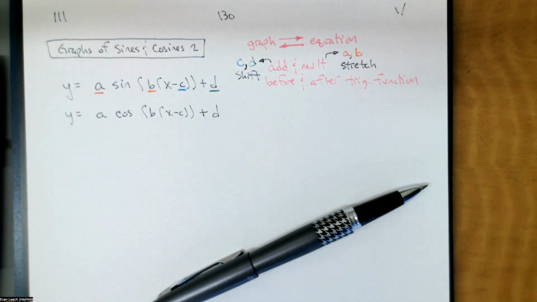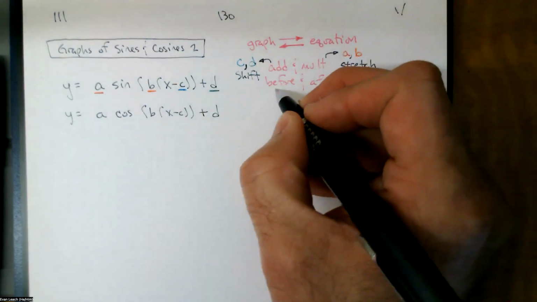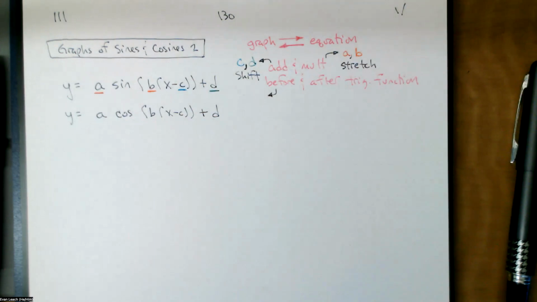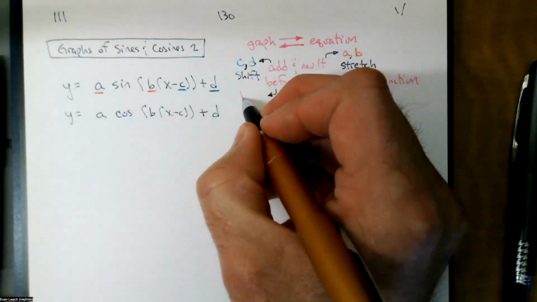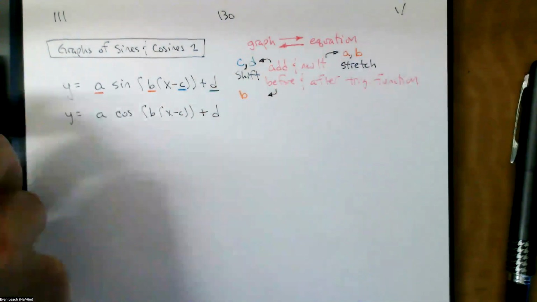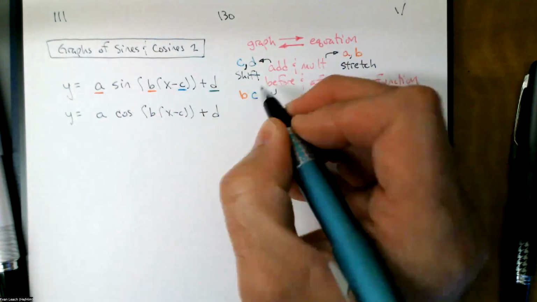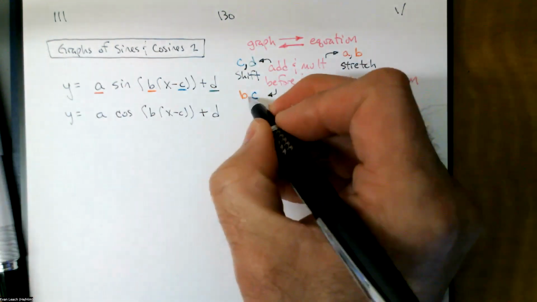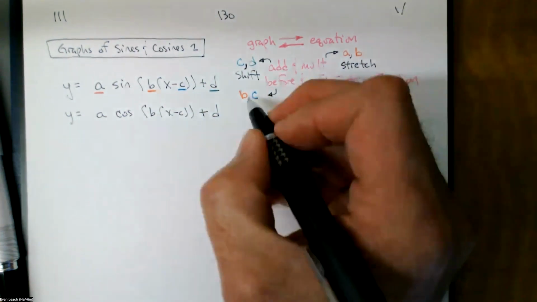The before and after part tells us whether something is going to be horizontal or vertical. So the two that go before the trig function are B and C. Operations that go before the trig function are going to be changes that are horizontal.